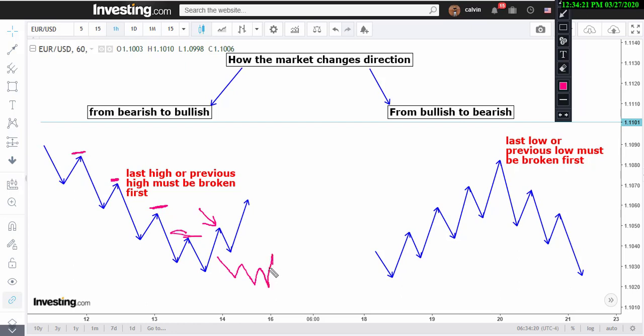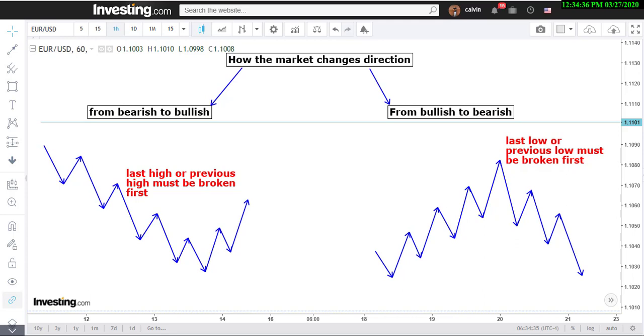It just went through it. That's when you notice that a trend might change its direction, when this last one is broken. Let me make it clearer for you.